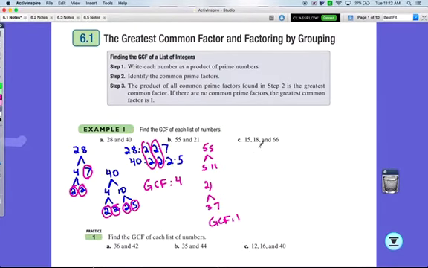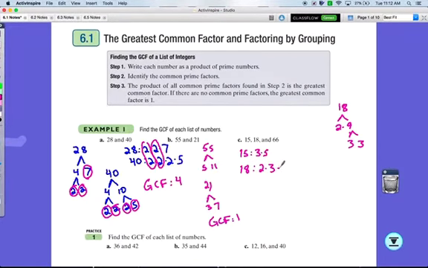If you have 3 numbers, you just do all 3 of them. So 15 turns out to be 3 times 5. That's the only way to do that one. 18 is 2 times 9, and 9 is 3 times 3, so 18 is 2 times 3 times 3.